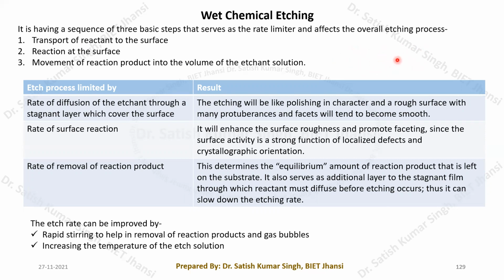Whenever this wafer is immersed into the agent solution, a certain stagnant layer will be formed between the agent and the surface interface. Then this chemical may or may not reach the surface at constant speed, and thereby we are saying that the transport of the reactant to the surface is limited by this.